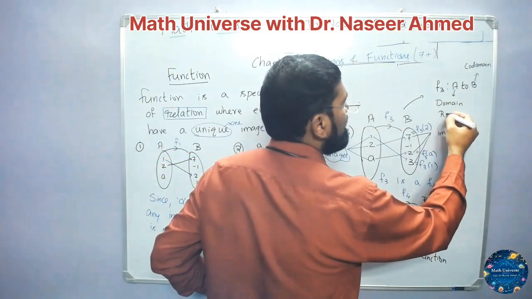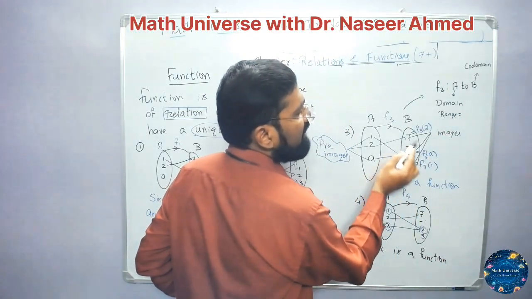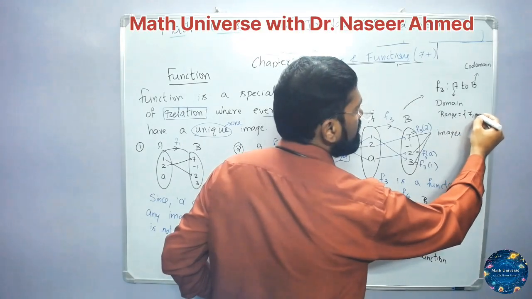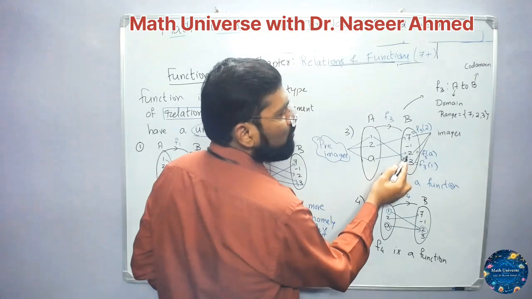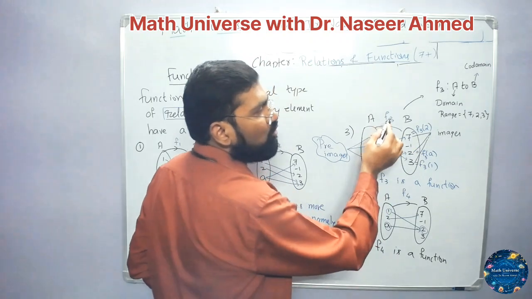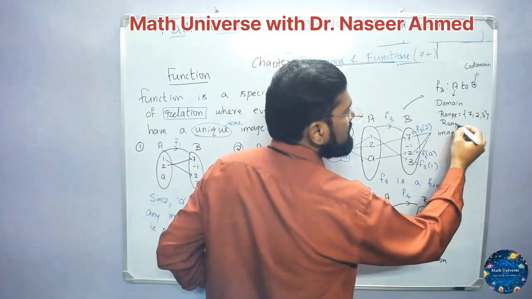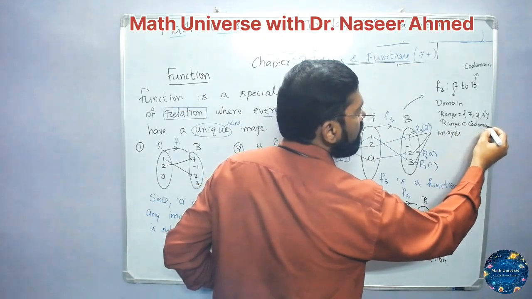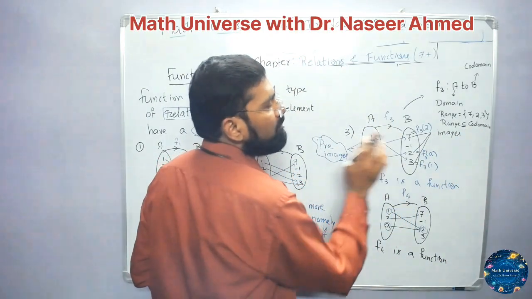Range. See carefully, range. It is the elements 7, 2 and 3. And 7, 2 and 3 are contained in the codomain. So I can always say that range is a subset of what? Codomain. It can be equal also, provided I have one more element here mapping to -1.